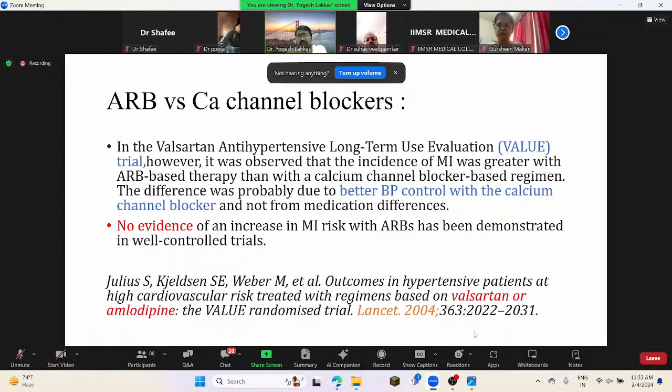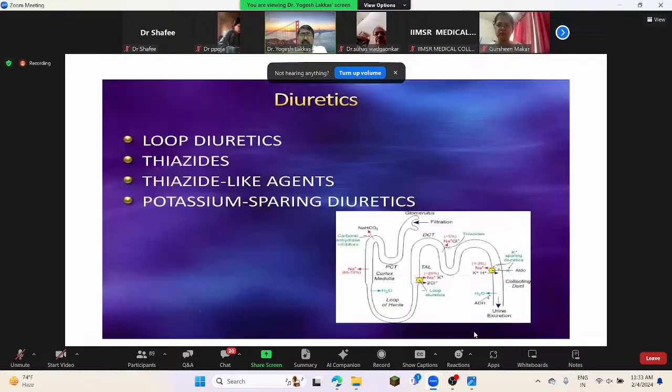That is the only question or area of research now available. Both these molecules are safe and effective.